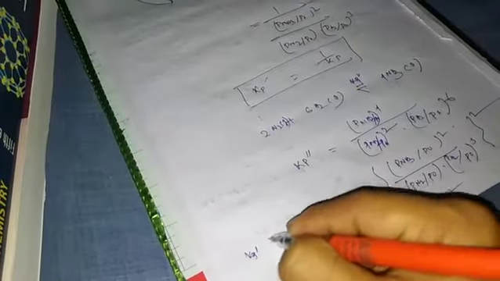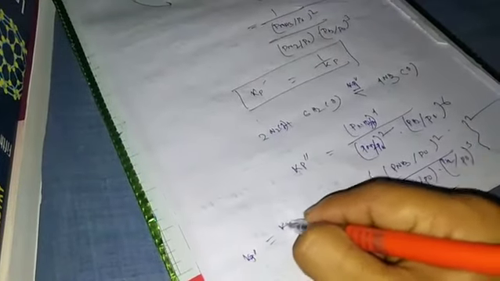So this is Kp square. So Kp double dash equals Kp square.